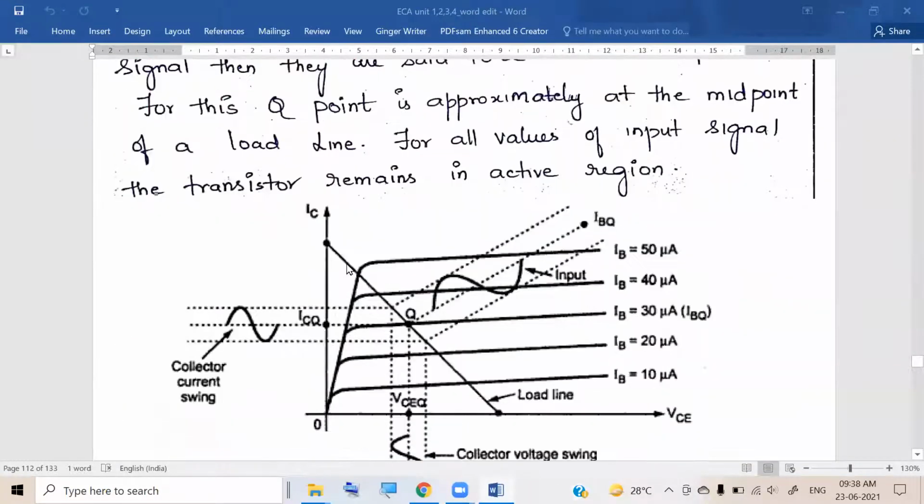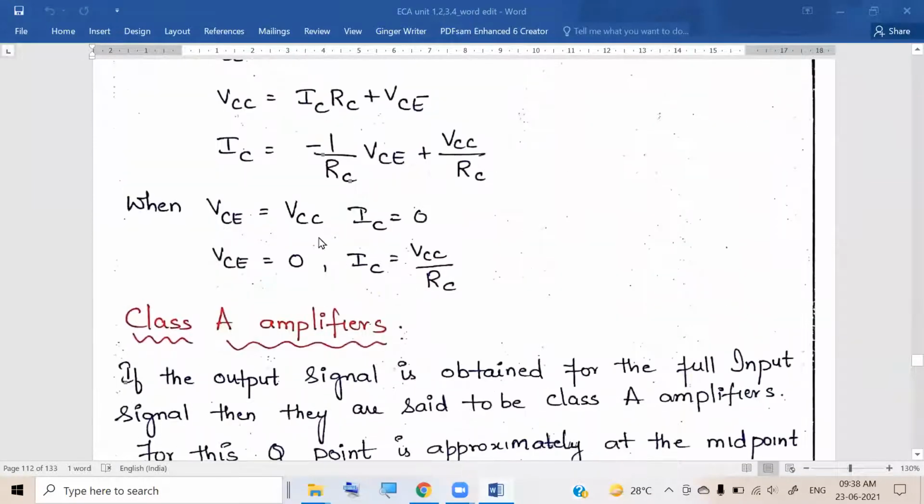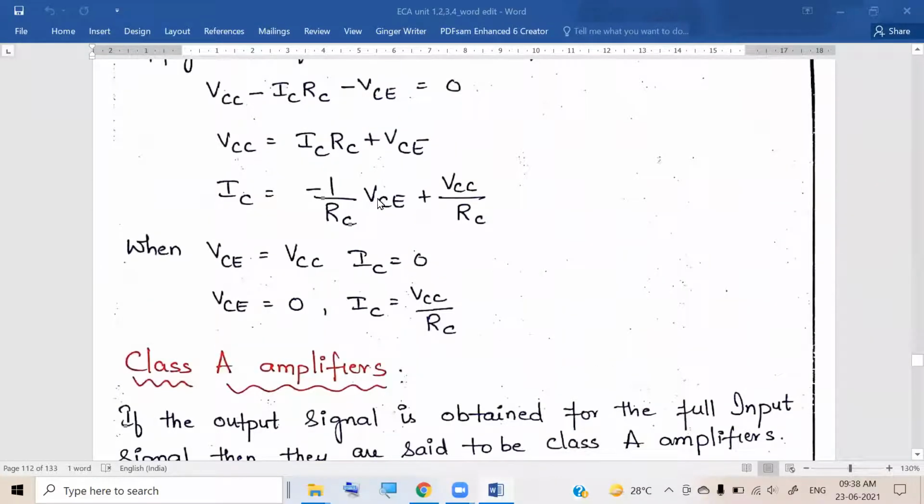I told you RC or RL, one and the same. This is in the form of Y is equal to MX plus C. When the load resistance was RL, the slope was -1 by RL.